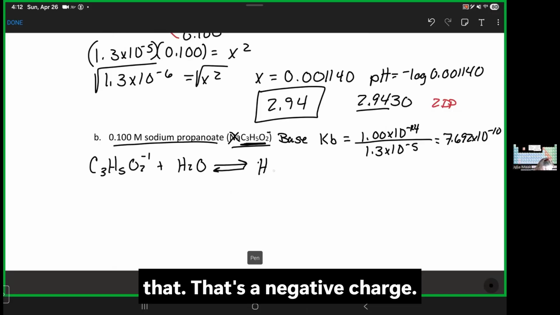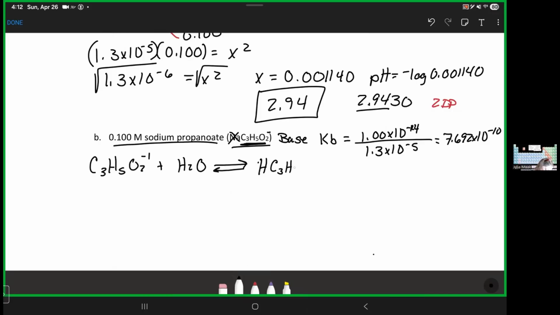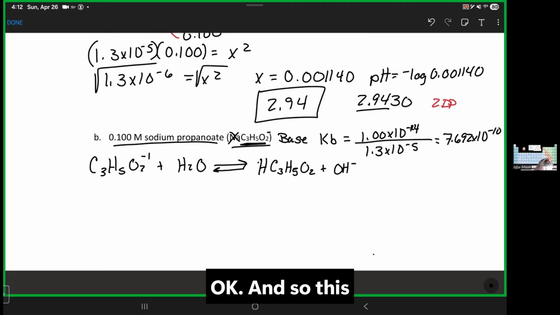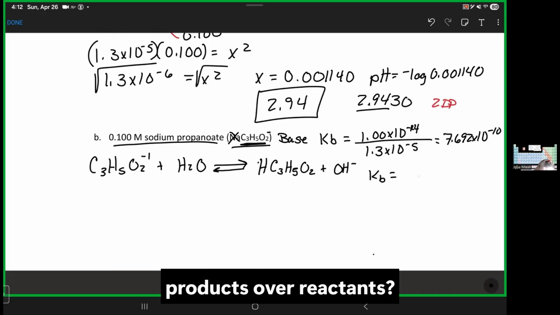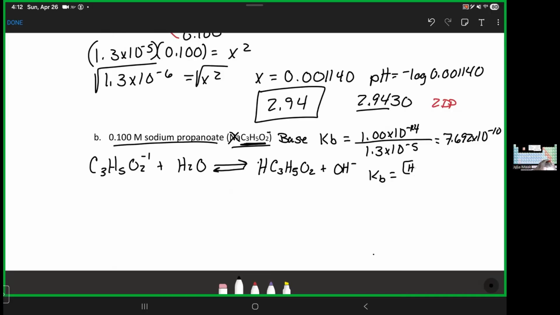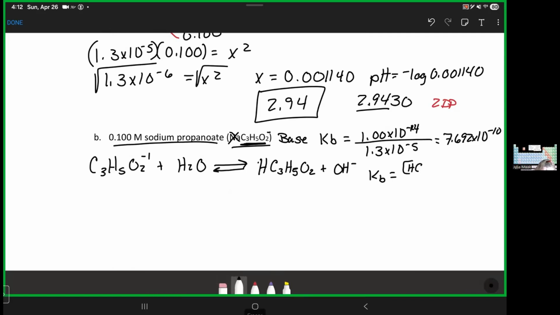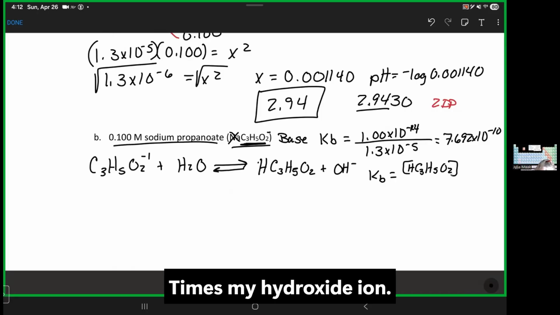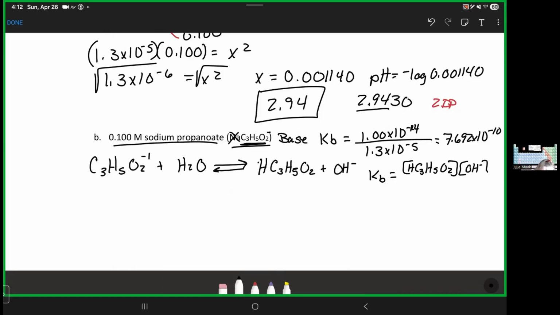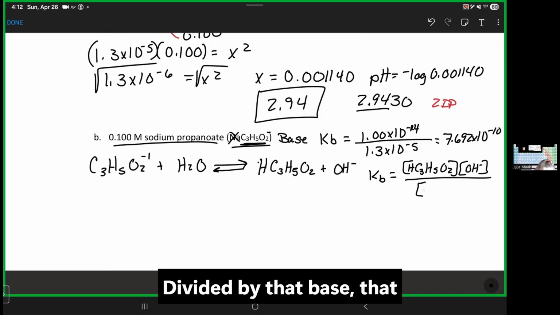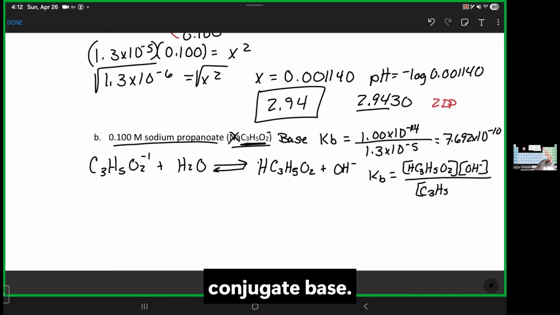That's a negative charge. And so this one is equal to products over reactants: my conjugate acid, times my hydroxide ion, divided by that base, that conjugate base.